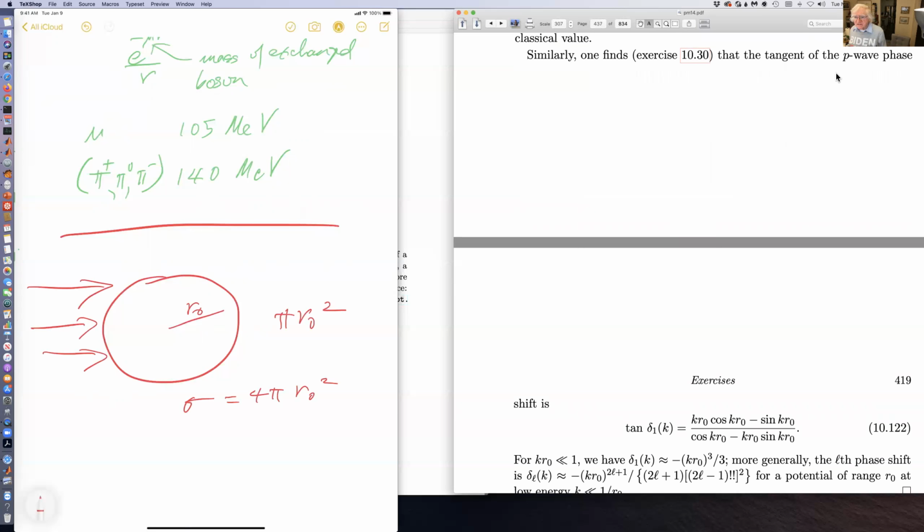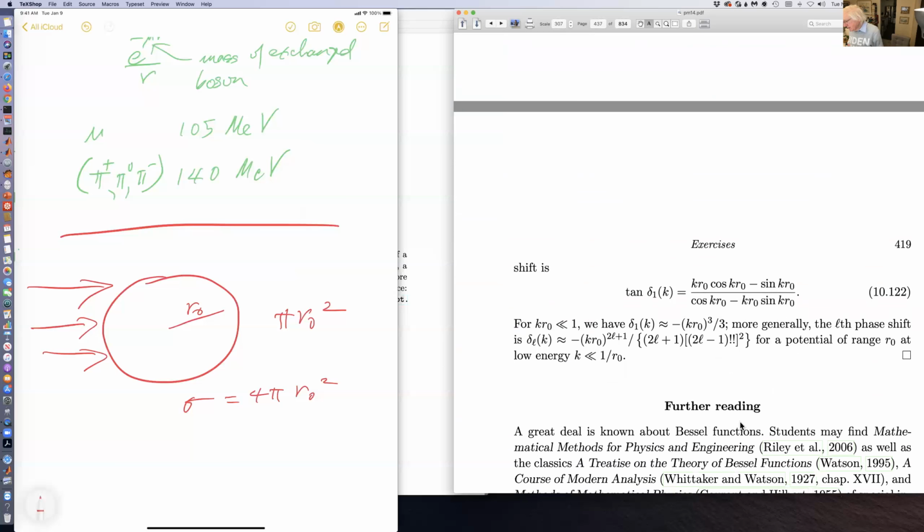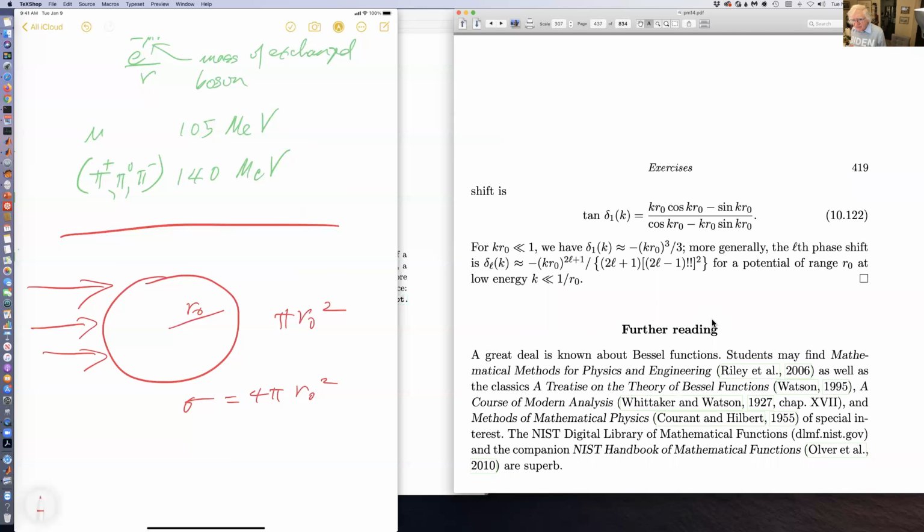The tangent of the P wave phase shift is this, P wave being L equals 1, and that gives us kr0 cubed over 3. The L phase shift goes as kr0 to the 2L plus 1.